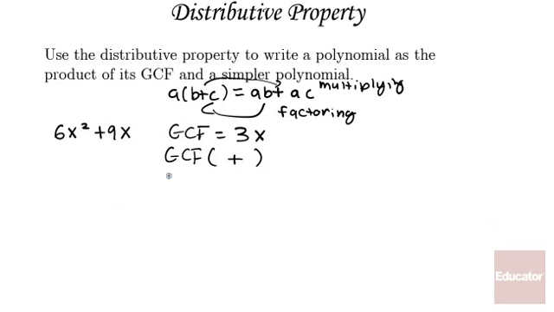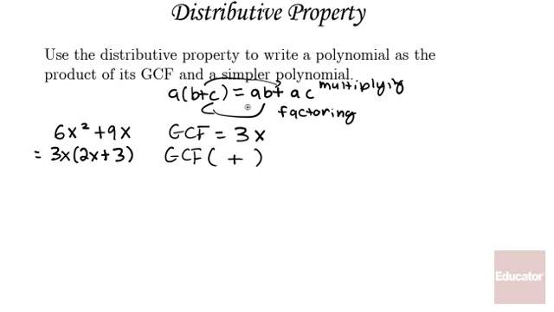Therefore, I can rewrite this as the greatest common factor 3x, and in the parentheses I'm going to put what was left behind when I removed the greatest common factor. So if I take 3x out of 6x squared, that's going to leave behind 2x. If I take 3x out of 9x, that's going to leave me with a 3.